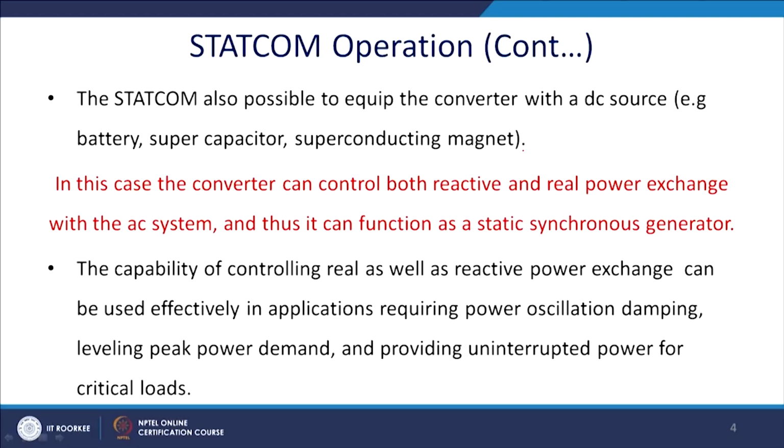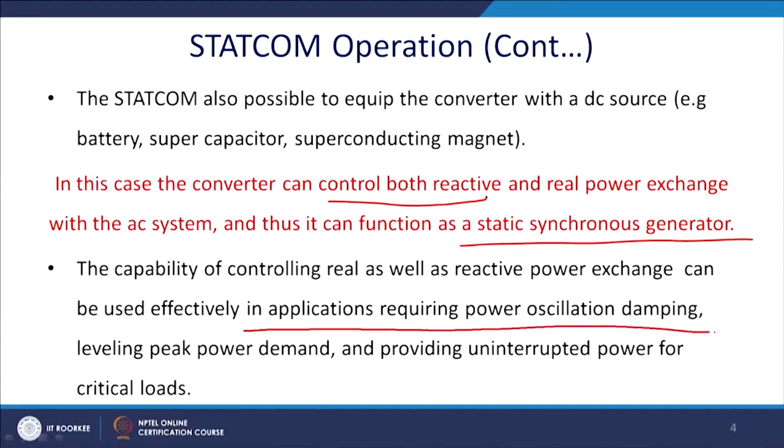In this case, the converter can control both the active and the reactive power of the system, and thus it functions as a static synchronous generator. Nowadays it is one of the points of investigation for this kind of topology, because we have solar panels that can be fed with the Statcom, and thus it can also inject real power.